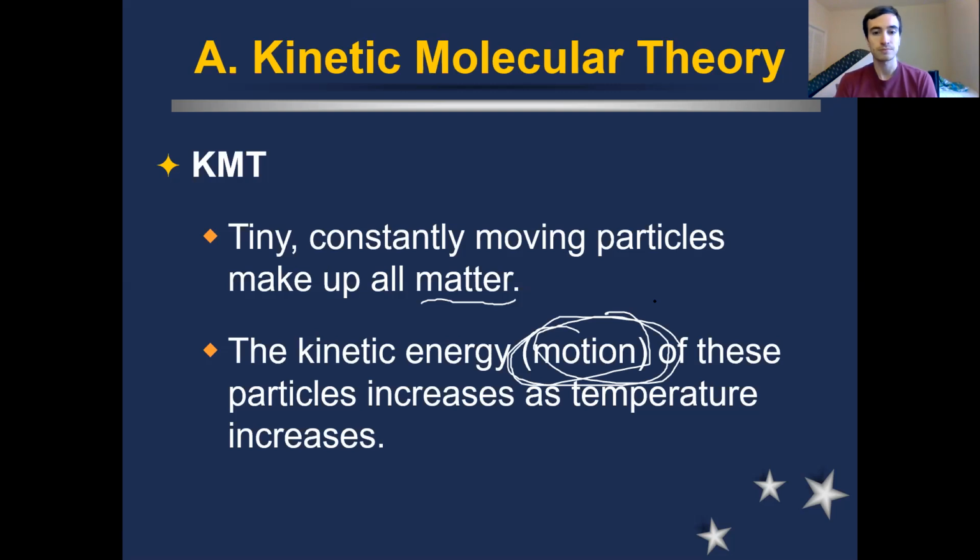So as a piece of matter gets hotter and hotter and hotter, as stuff gets warmer, the particles that are inside that matter will start moving faster and faster and faster. Maybe they'll just be kind of vibrating in place, or maybe they'll be zooming all around a room. But kinetic molecular theory says that everything is made up of these tiny particles, and as the temperature goes up, these tiny particles move faster and faster.